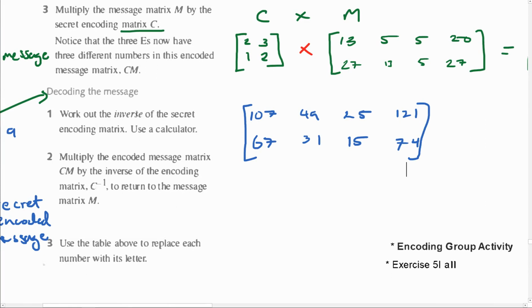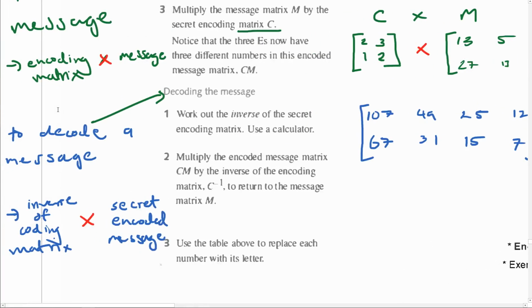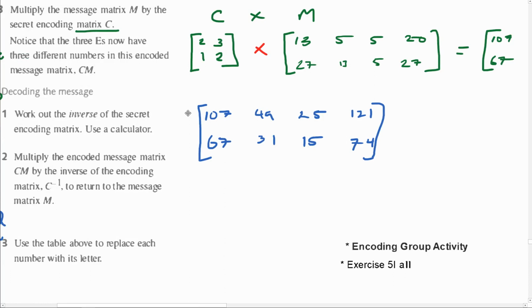So now, in order to decode it, we need to find the inverse of that matrix there. Let me move this really quickly. Oh, sorry, guys. Okay, move just over here.